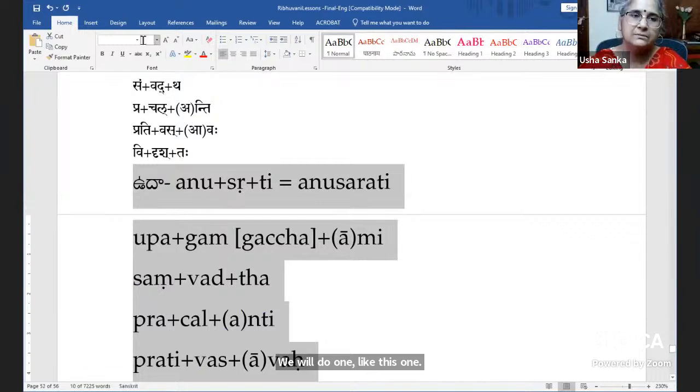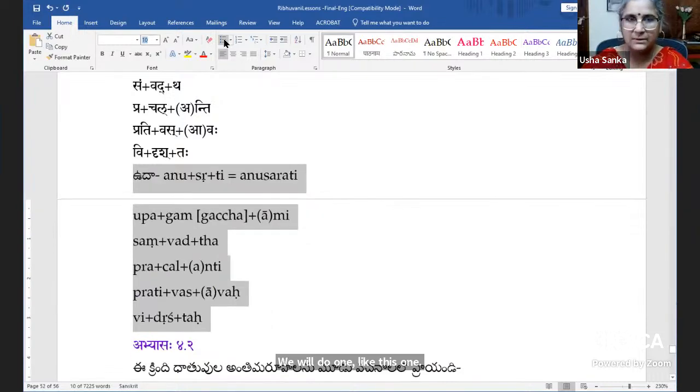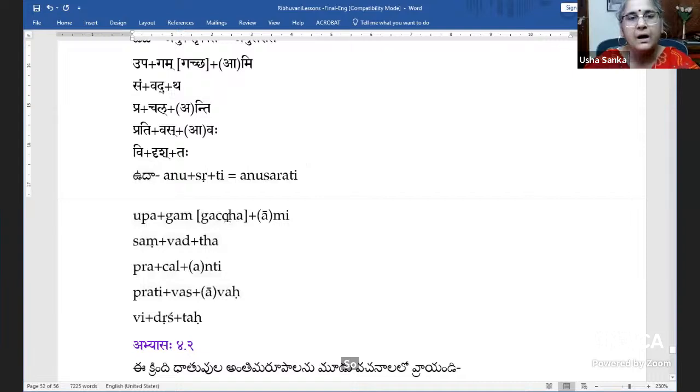Anusarati is anusarati. What will happen with upagacchami?